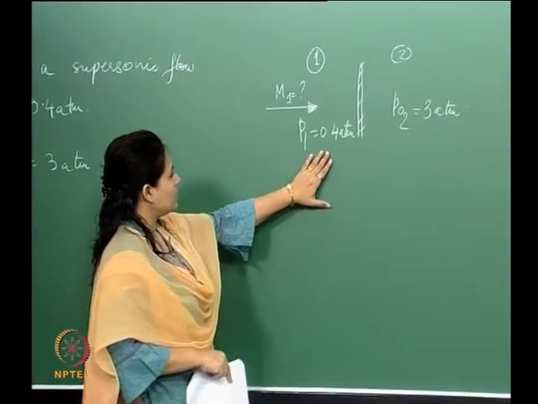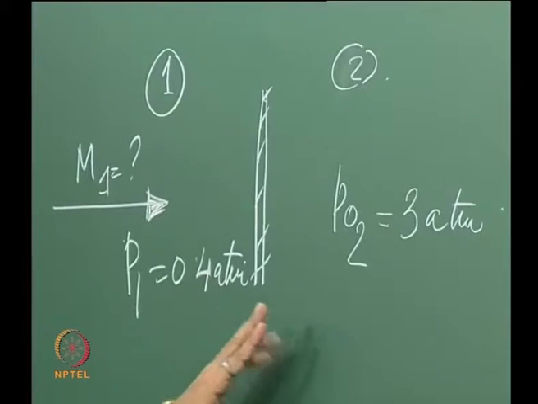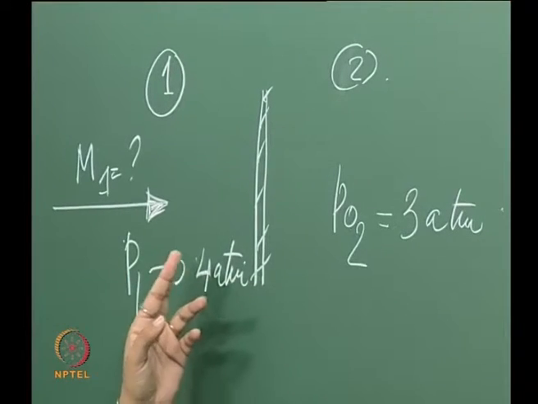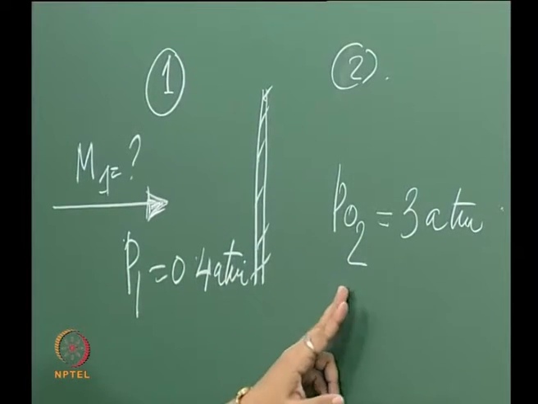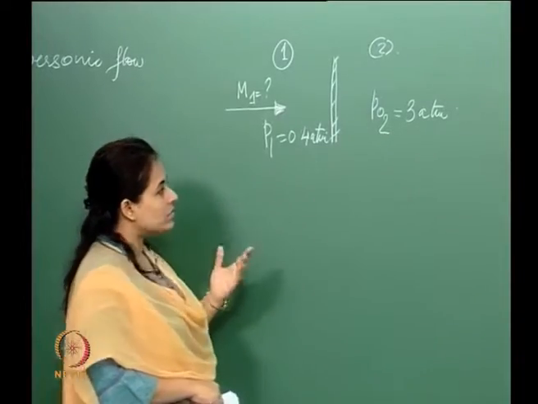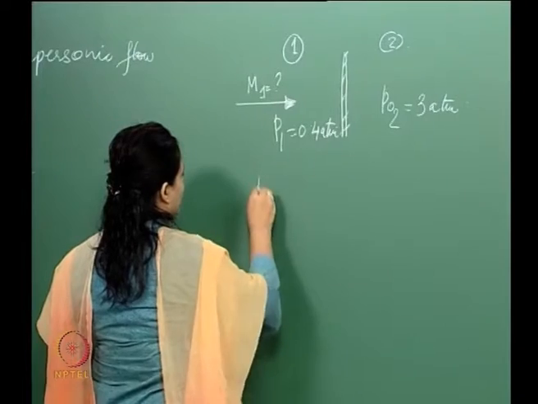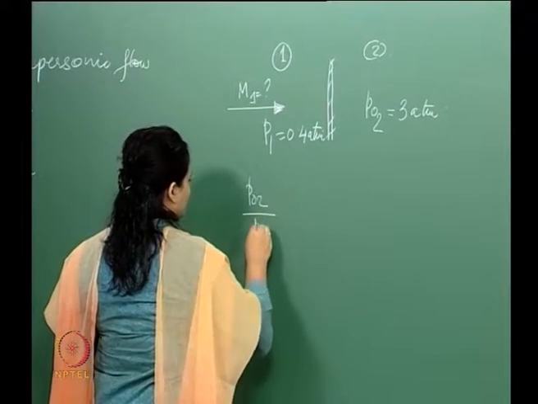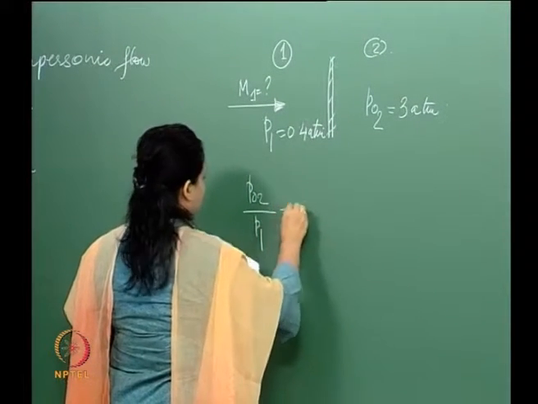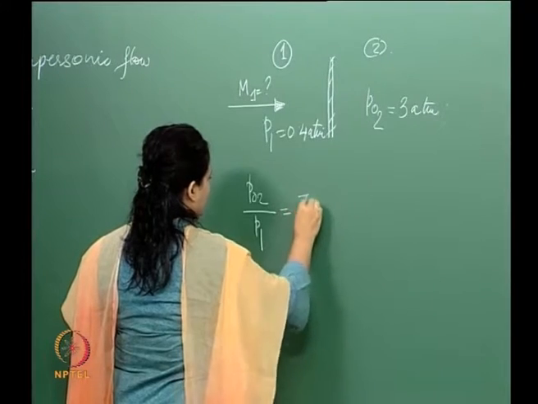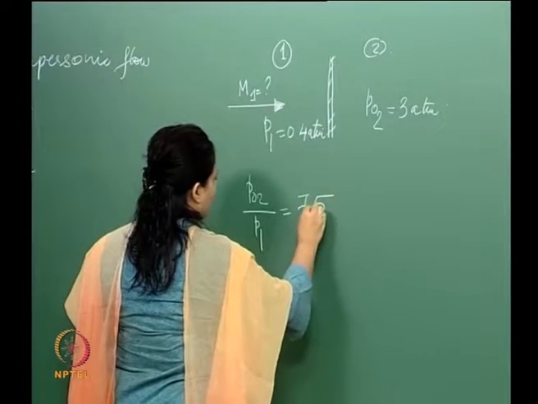This is the static reading at a particular point, and when we insert the pitot tube we get a reading for the total pressure which comes out to be 3 atmospheres. So what we can do from here is get this ratio, and this is equal to say 7.5.